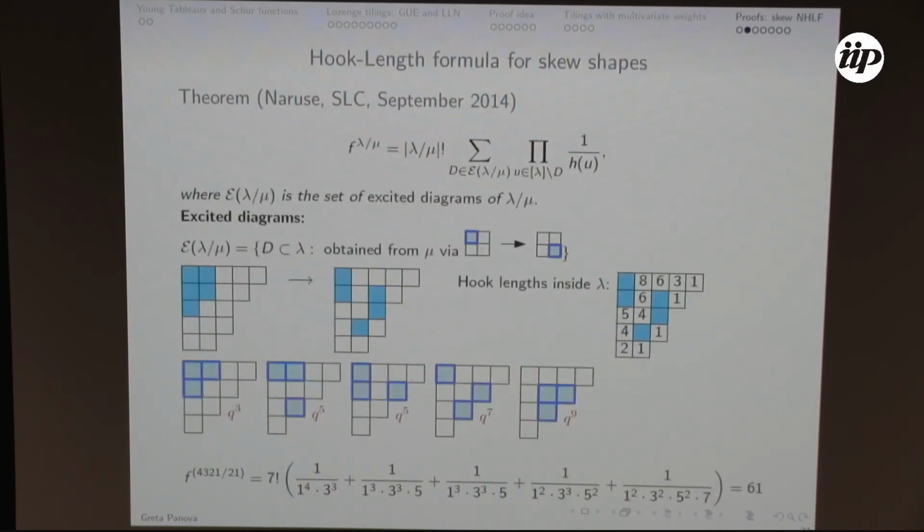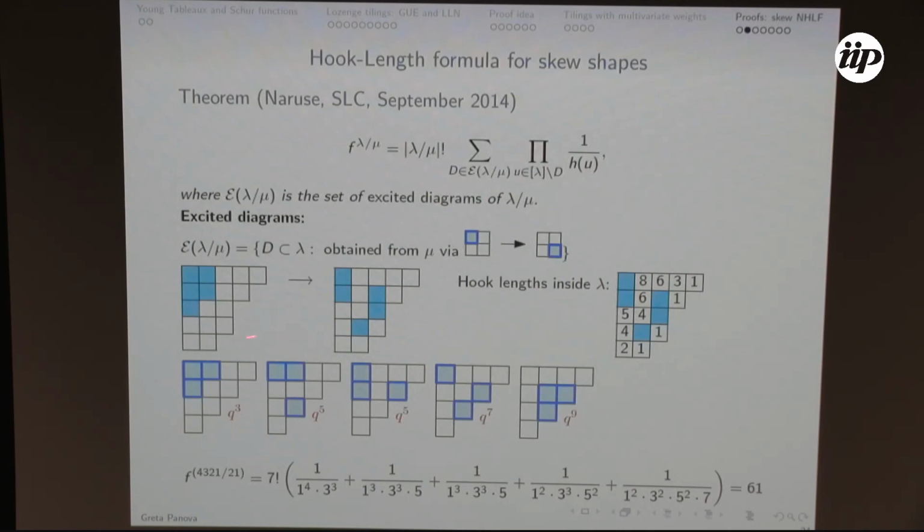And what was recently discovered, and it came from the study of Schubert calculus, was this type of formula for the number of skew standard Young tableau of a given shape, and it is a very compact sum over products of hook lengths, just like what I showed you earlier, and has nothing to do with the previous formula.